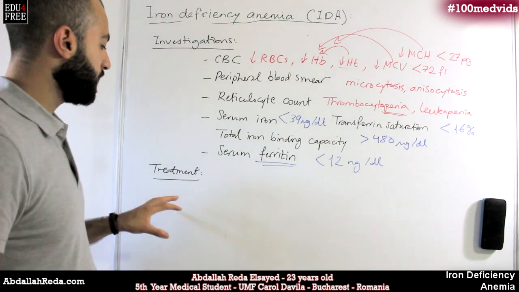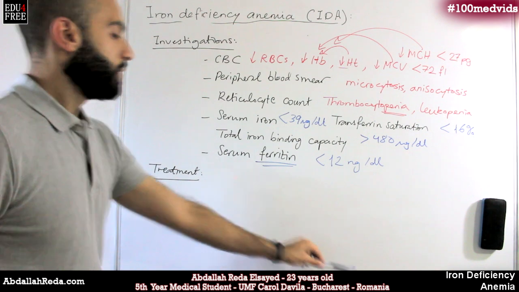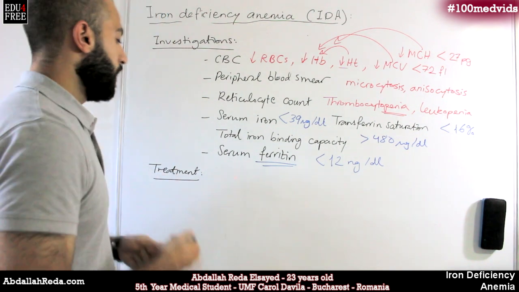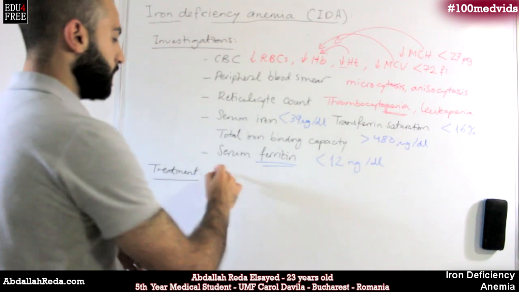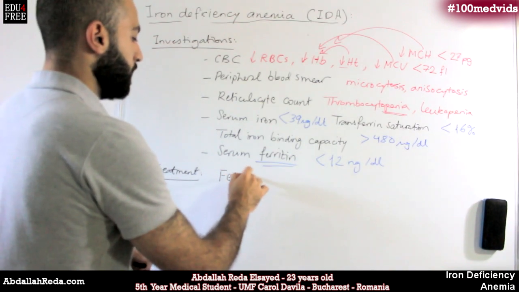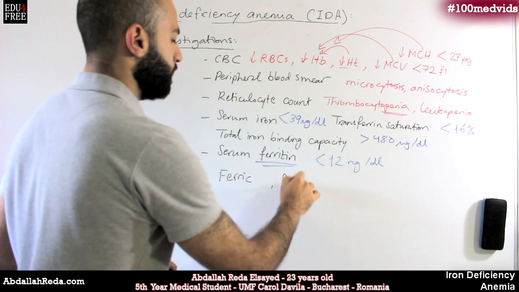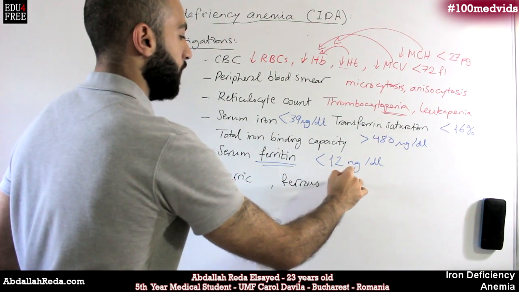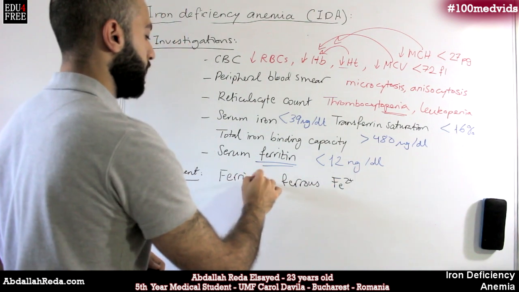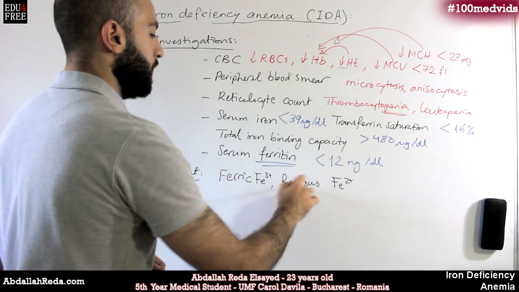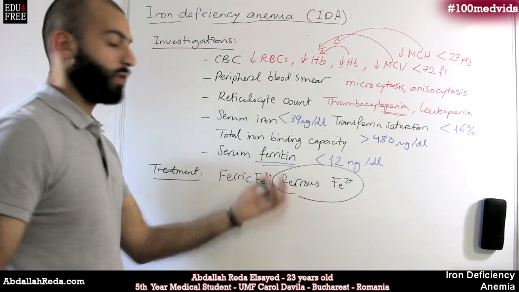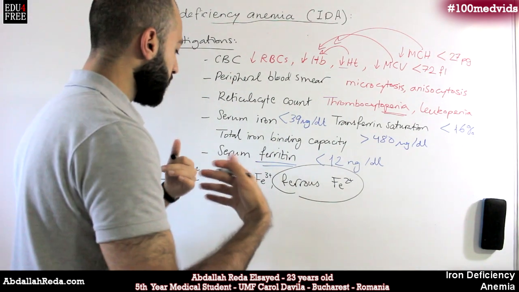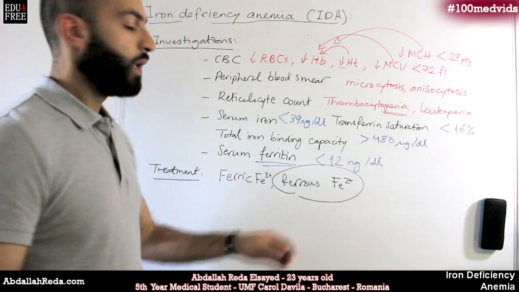Now, how is iron deficiency anemia treated? So it is treated with iron. So you supply iron. Iron has two forms, ferric and ferrous. Ferrous is Fe2 plus and ferric is Fe3 plus. The ferrous form is more preferred in the treatment due to its easier binding.